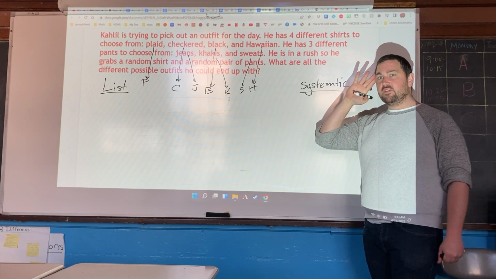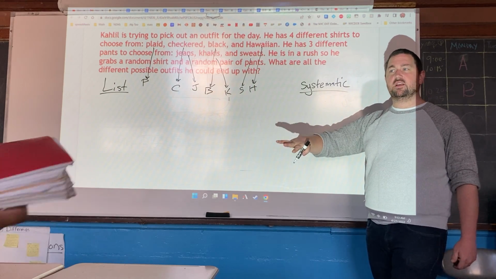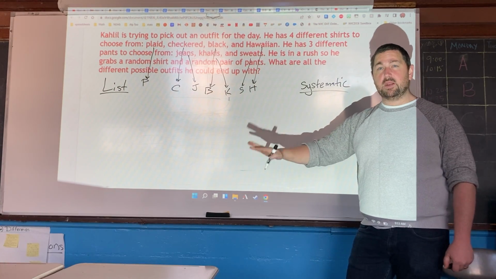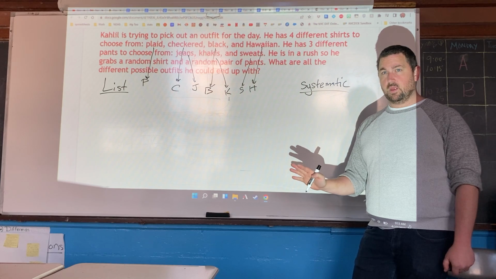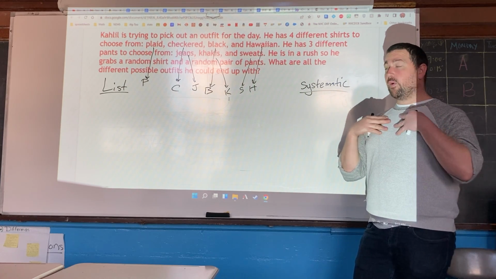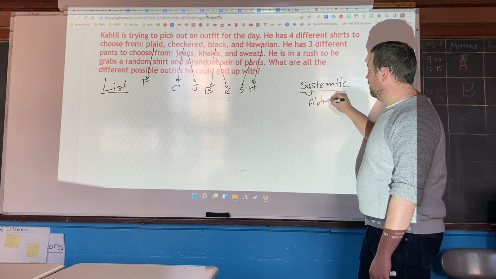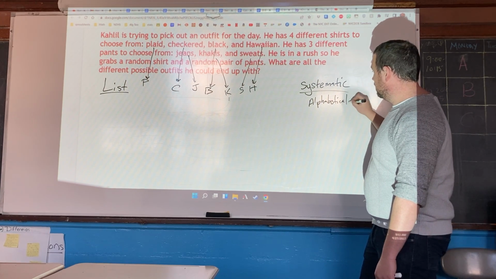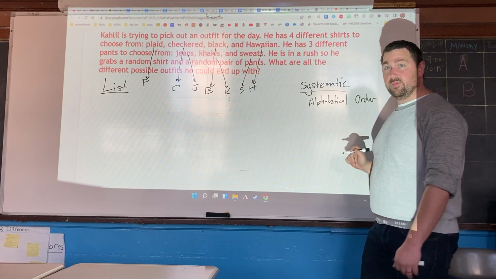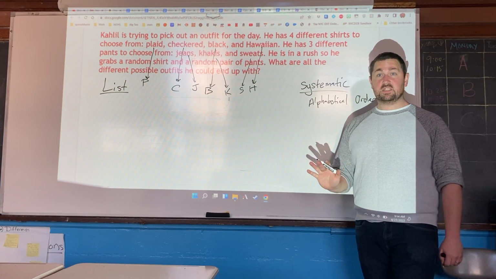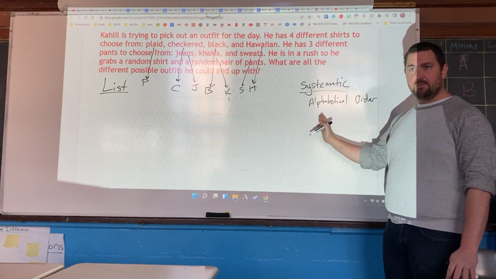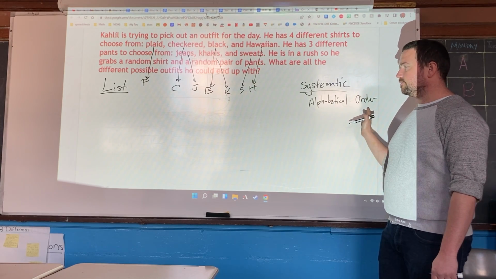We want to have like a method of counting so that it's less confusing and we don't miss things. My personal favorite way to be systematic in counting is to use alphabetical order. It is not a requirement. You can have other systems if you want. My preferred way to be systematic is alphabetical order.